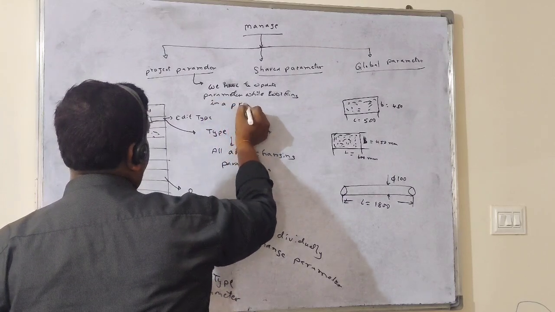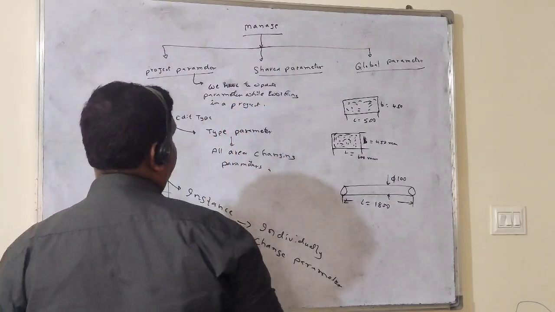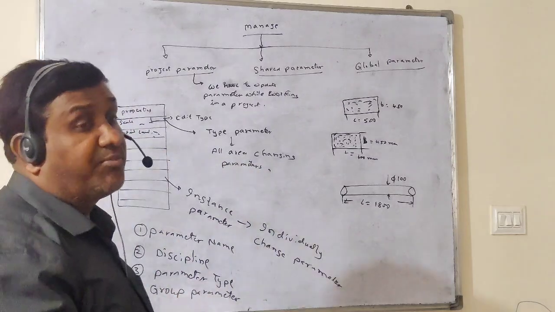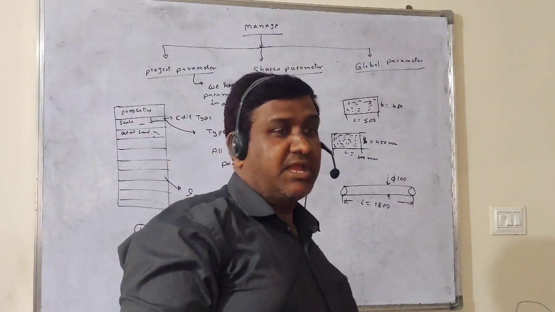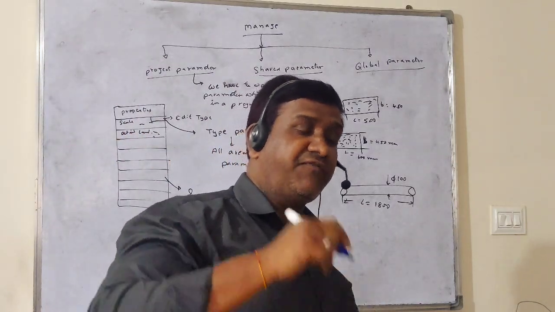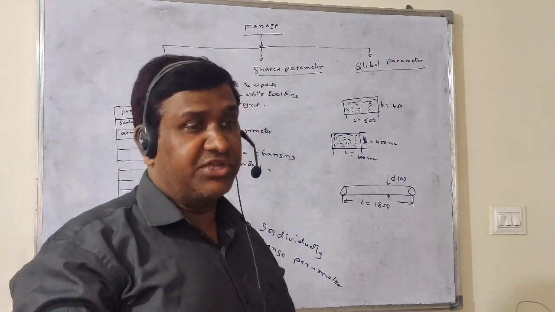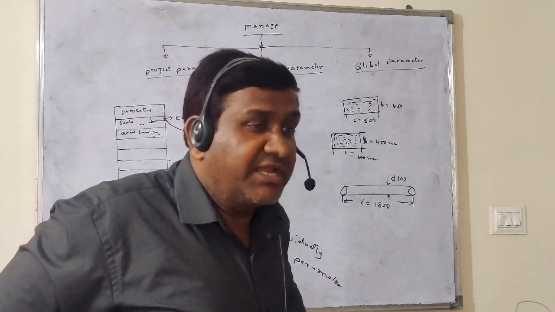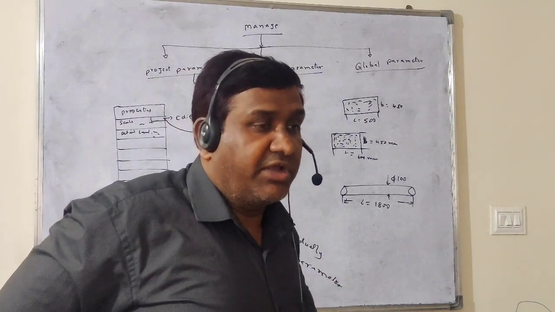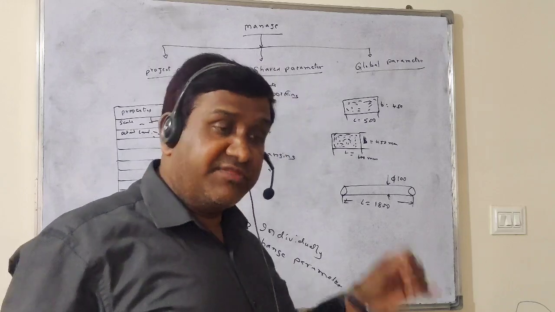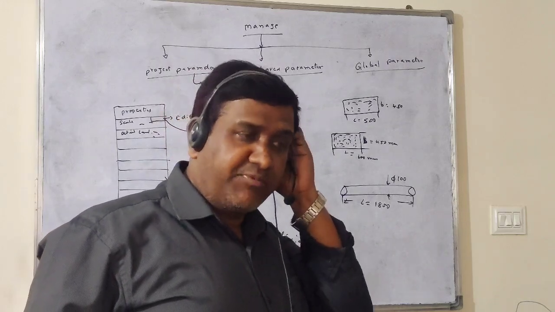When you are going to working in a project, we have to update the parameters. That parameters we will call as a project parameters. And that parameters is unique for your project only. If you close that project, that parameters will be never come in another project. Okay, project parameter is nothing but it is a unique for that project only.